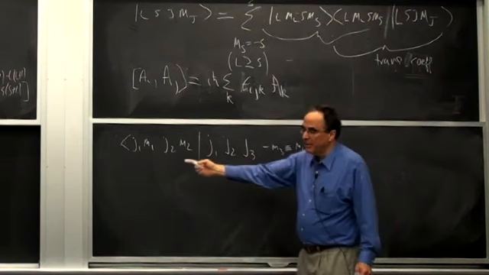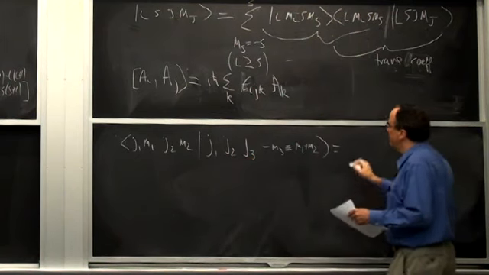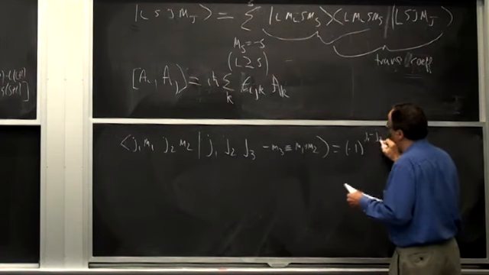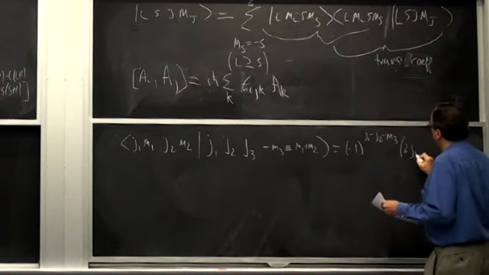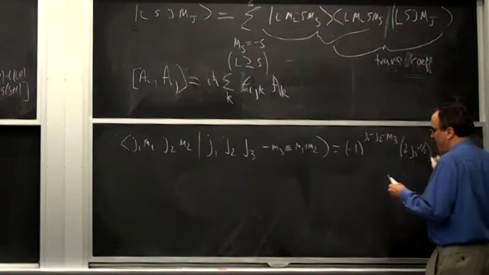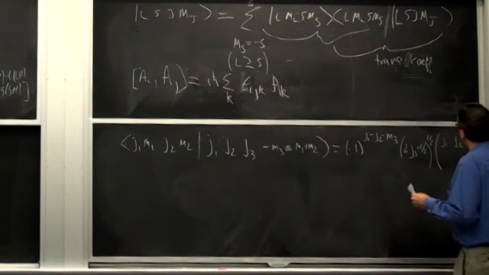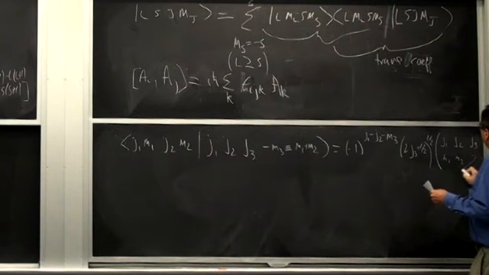So this is a transformation coefficient, and we'd like to know what it is. And what it is is (-1) to the J1 minus J2 minus M3, times the square root of 2J3 plus 1, times this magical thing, J1, J2, J3, M1, M2, and M3. I don't have room to write it here, so I'll just say M3 is minus M1 minus M2.